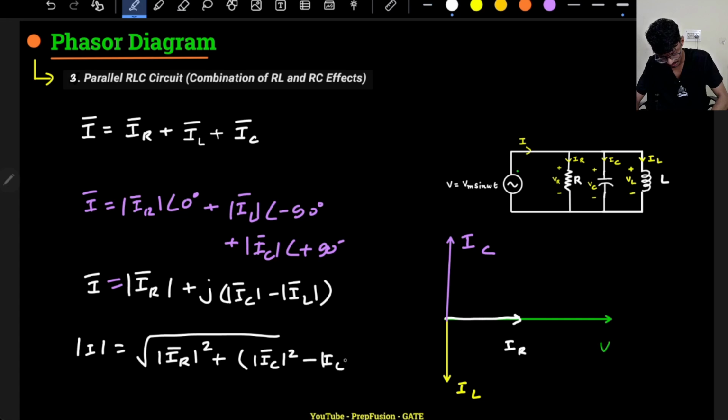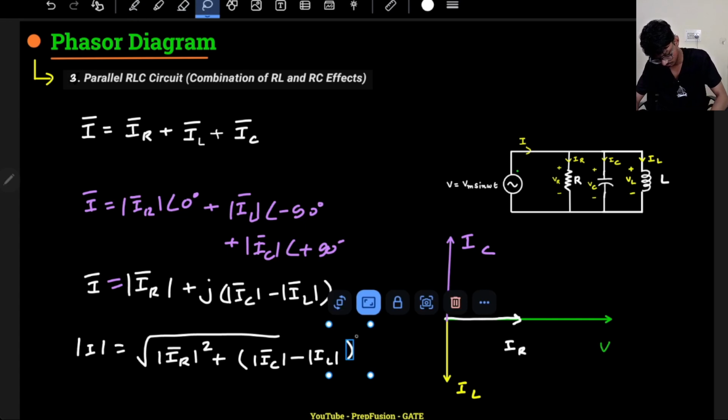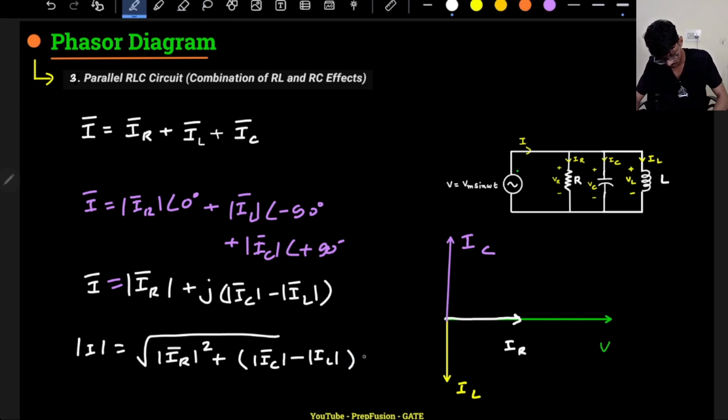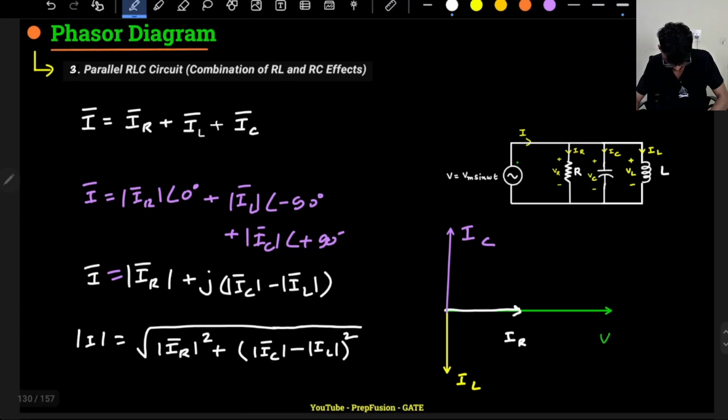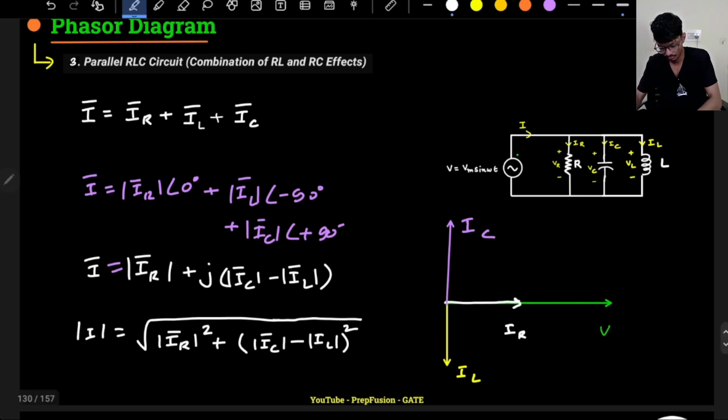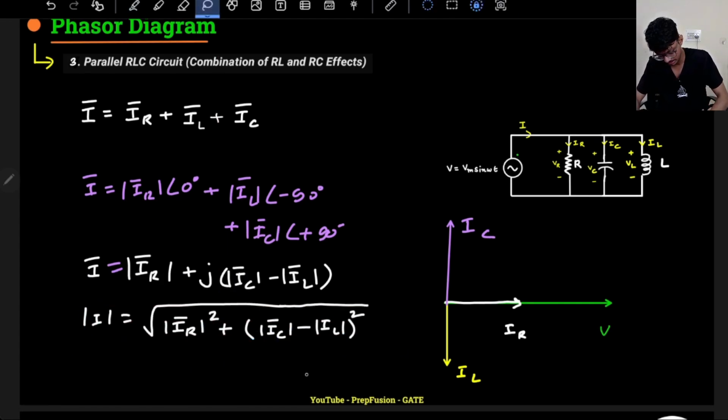Not here, sorry, the whole square will be outside: (IC minus IL) whole square. Okay, so this will be the solution and answer. So this is the magnitude.